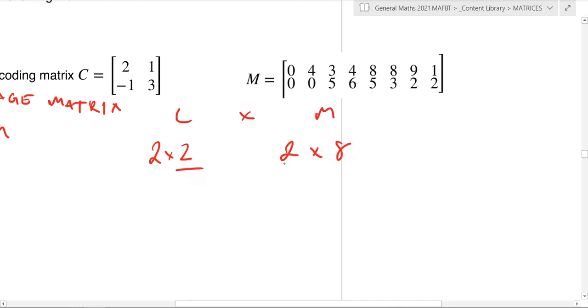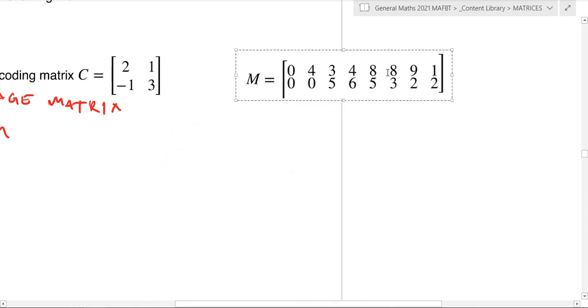So the middle numbers are the same, so that checks out, and the outside numbers will tell you the order of your answer, which is a 2 by 8 of some sort. Okay, so C times M is what we will use for this one.